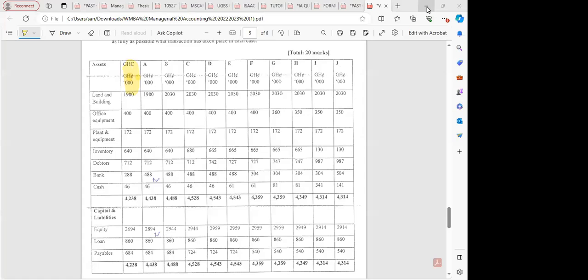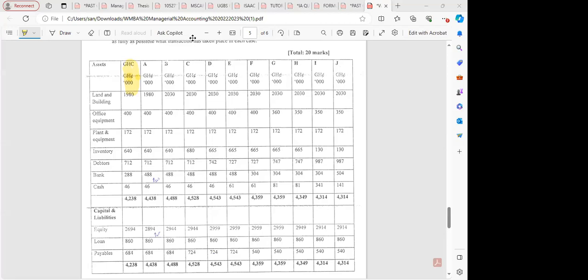Just like what we wrote for the first one, owners made an additional contribution of equity, or an additional contribution of capital, worth 50,000 in form of land and building. So let's go and write that.